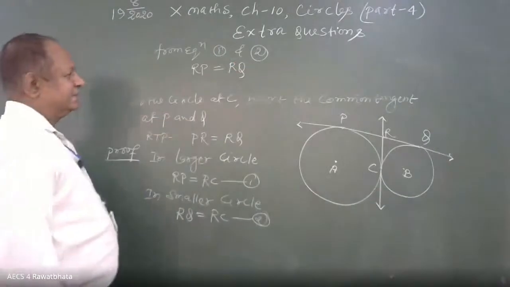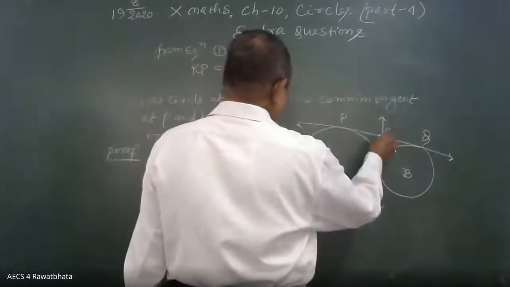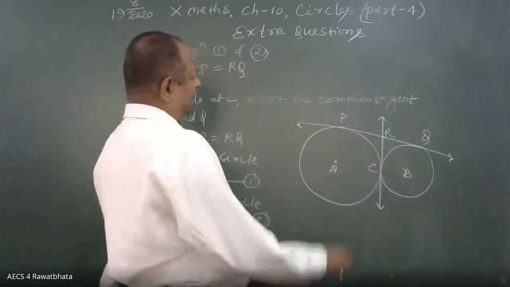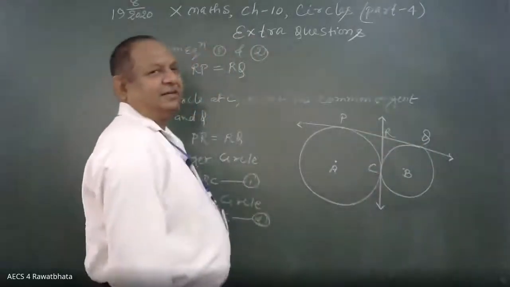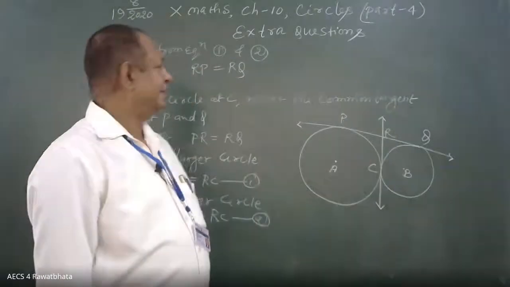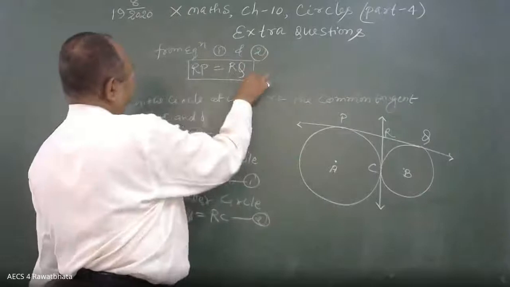It means R is the midpoint of common tangent PQ. The point R bisects the common tangent. This part is proved.